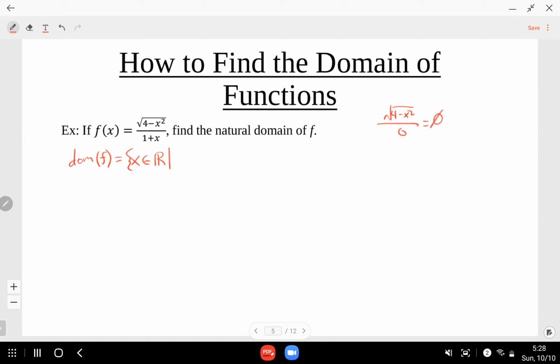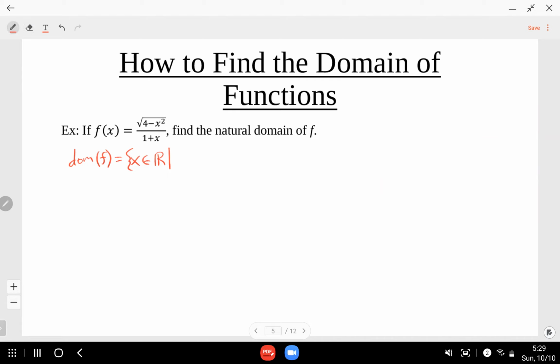And then when we have the square root of a negative number, let's say negative n, assuming n is positive, then the square root of negative n over 1 plus x is going to be bad, right? It's also no solution because we can't have a square root of a negative number, so that is what we need to avoid here.